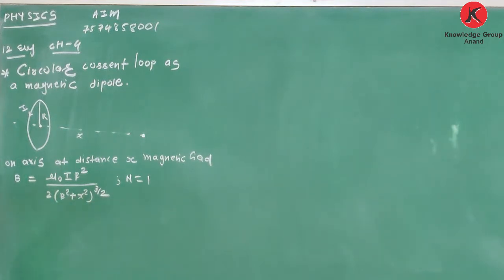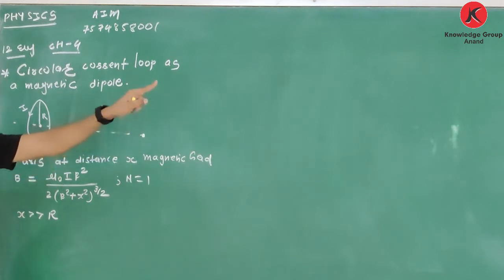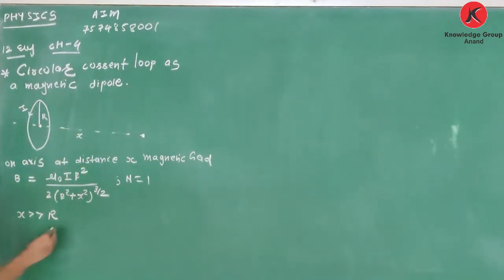Obviously, here I am taking x very much greater than r. This means the point is at a large distance compared to its radius, or I can say that this circular current loop is small.